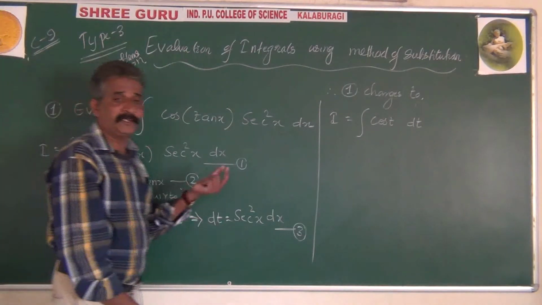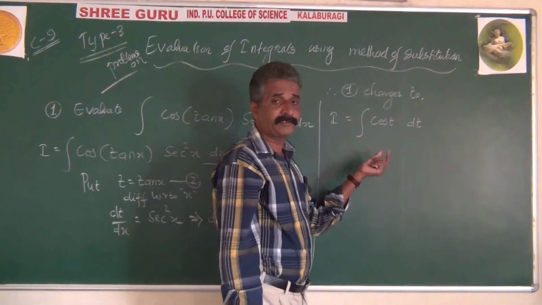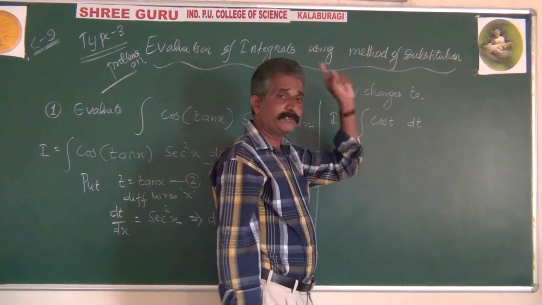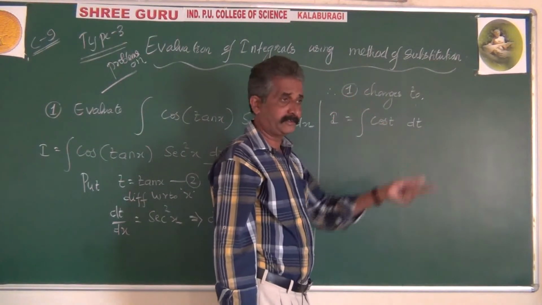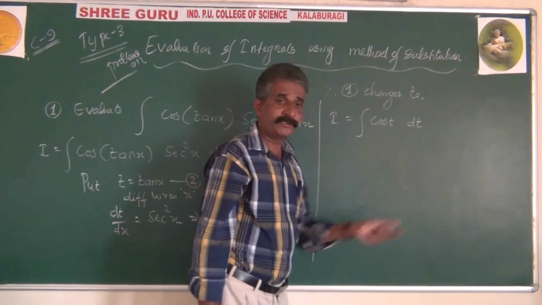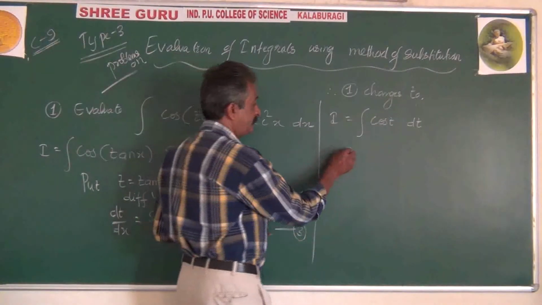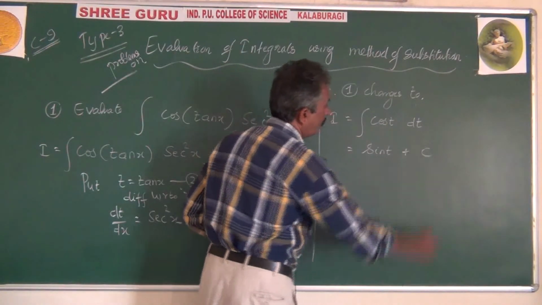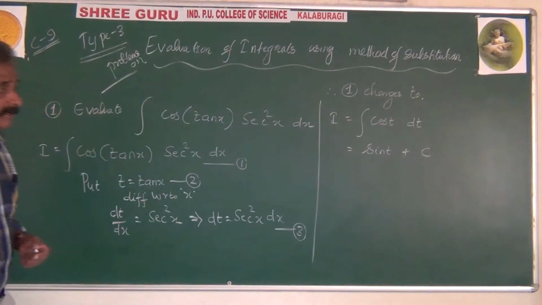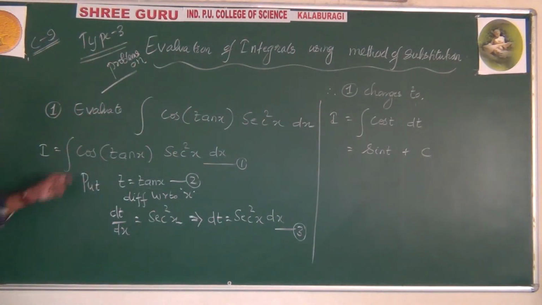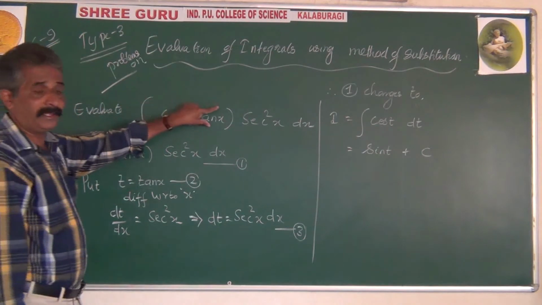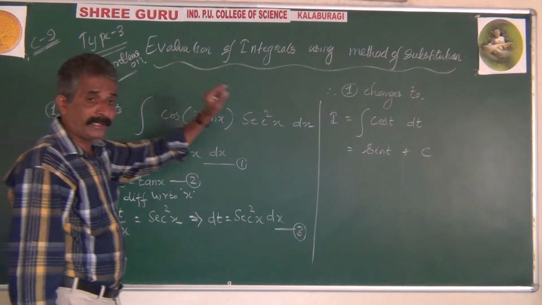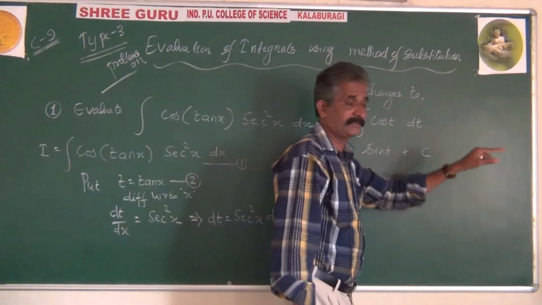Now it is our type 1 problem, direct integration formula type. What was the integration of cos x? Sin x. Same type. What is the integration of cos t? Sin t plus constant c. Now, more importantly, our problem originally started from variable x. We have to end our answer also with variable x.